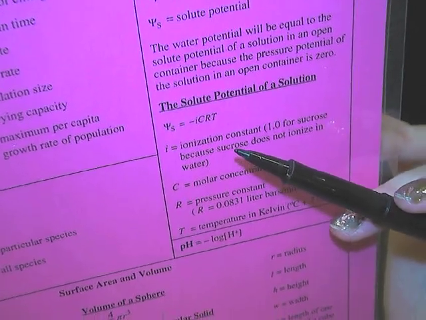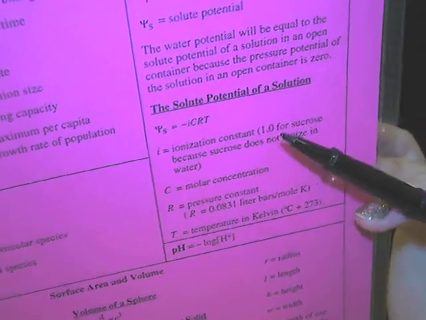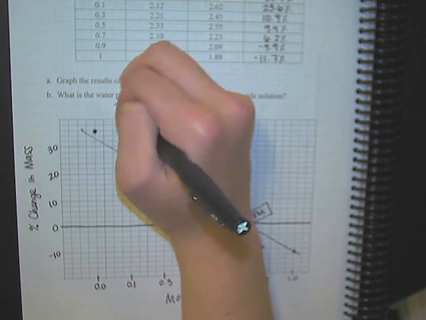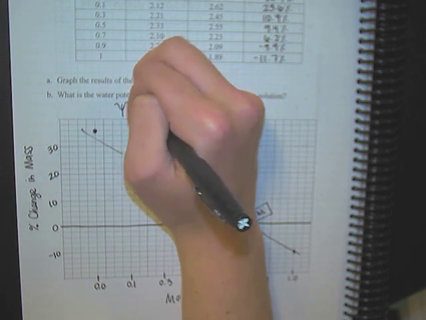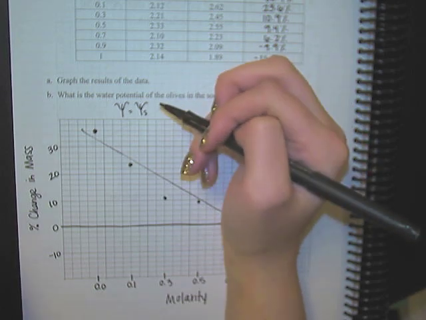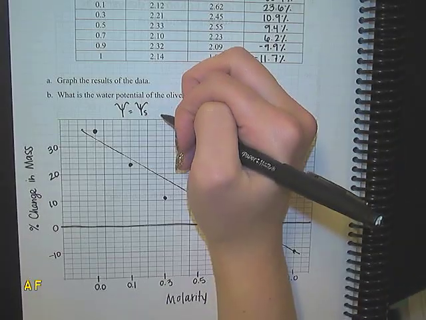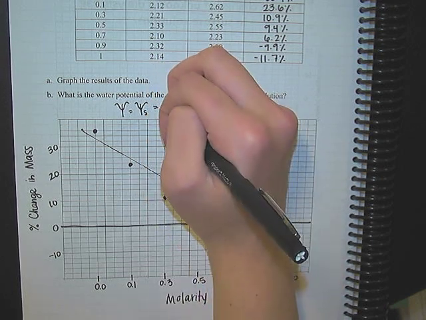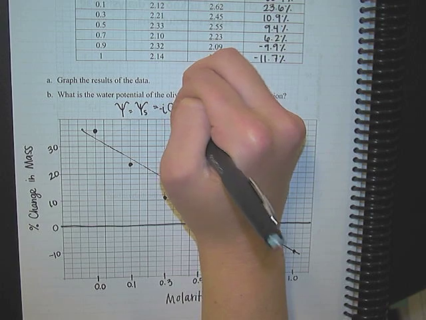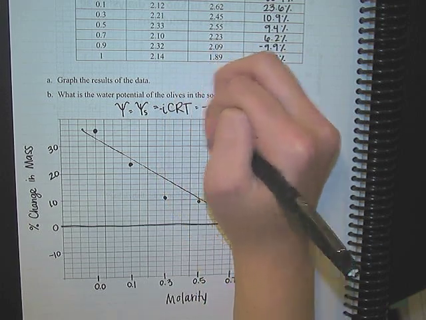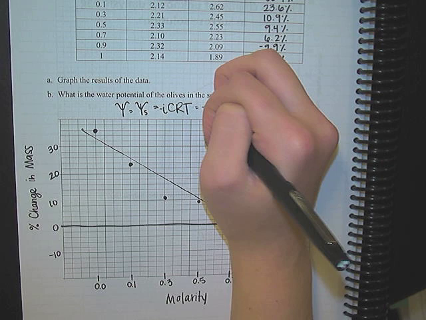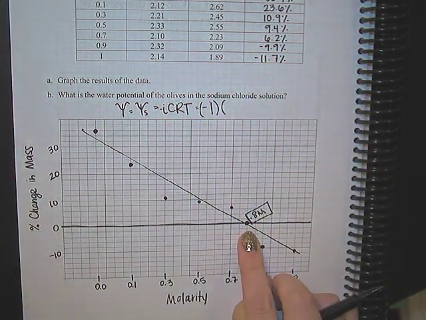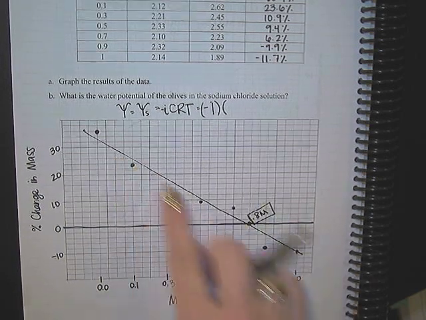The ionization constant for this one is 1 because we're talking about sucrose. So my water potential, which equals my solute potential because it's in an open container, is negative iCRT. That negative i is 1. The C is my concentration, which we found to be 0.8, the way that I drew my line.